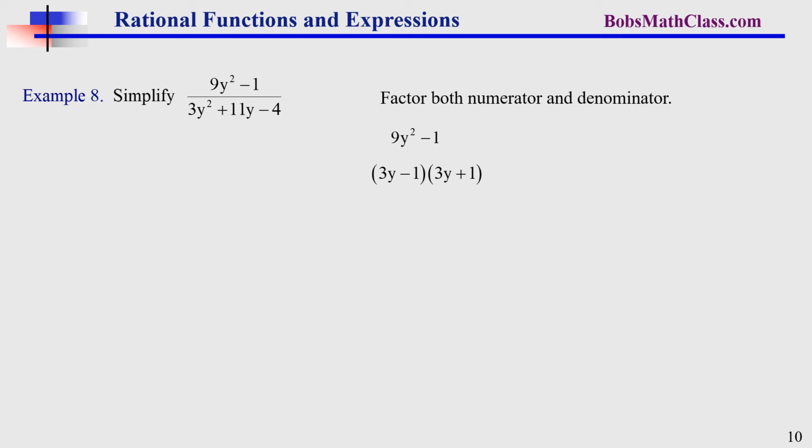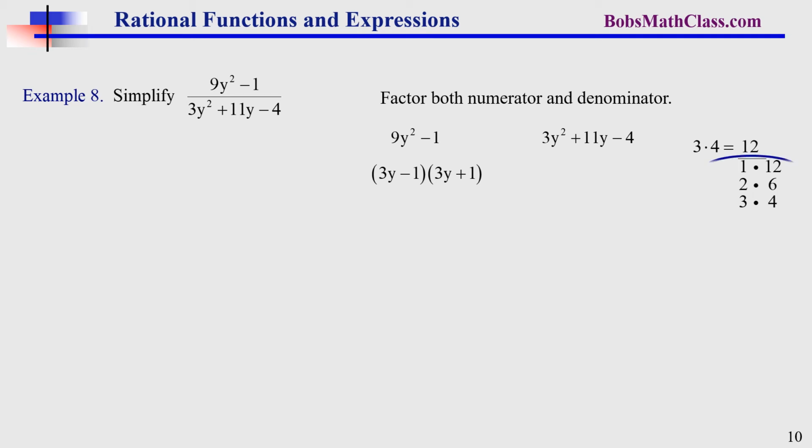Okay, let's work on the denominator. Multiply the first number and the last number. Three times 4 is 12. Which pair will subtract to give you 11?